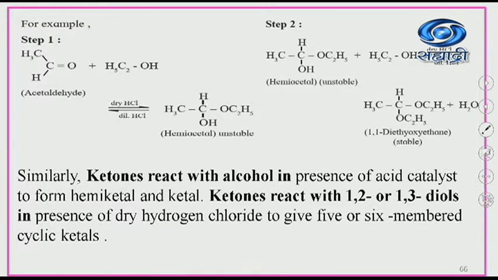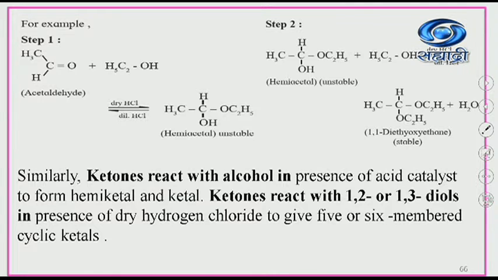In this product there are two alkoxy groups, two ethoxy groups, so it is known as an acetal. When this acetal is treated with dilute HCl, you will get the hemiacetal. Similarly, when the hemiacetal is treated with dilute HCl, you will get the acetaldehyde. Therefore these two reactions are reversible reactions.